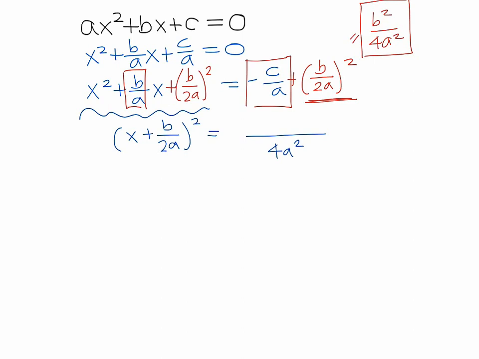And we're going to multiply 4a onto c, so 4ac plus b squared. Now, rewriting the order of this fraction, we have b squared minus 4ac all over 4a squared.